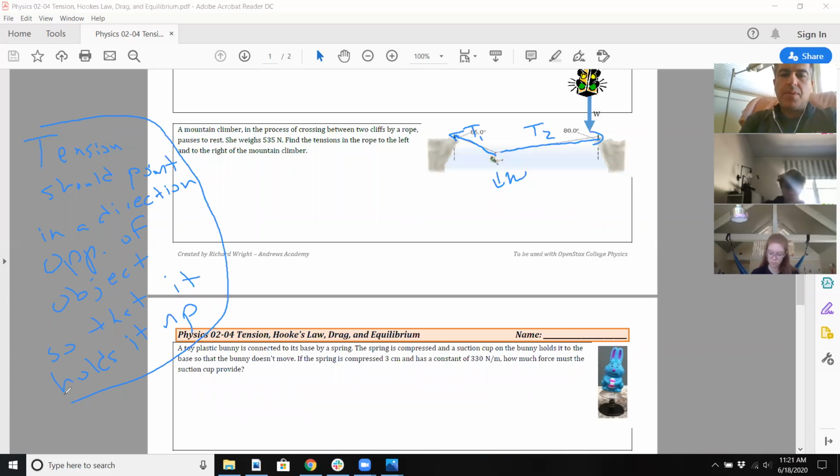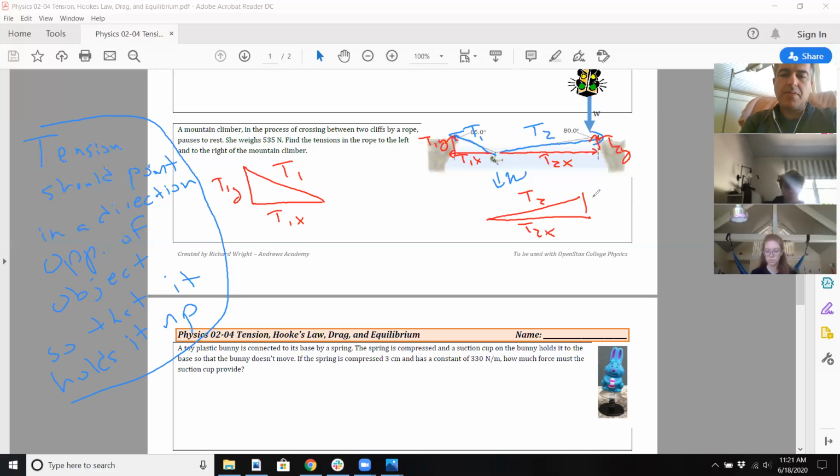Now, we can break this down into components. I call them T1Y and T1X, T2X, and T2Y, and there are angles associated with them. So that's T1, T1X, T1Y, the skinny triangle here, and T2, T2X, T2Y, right angles.